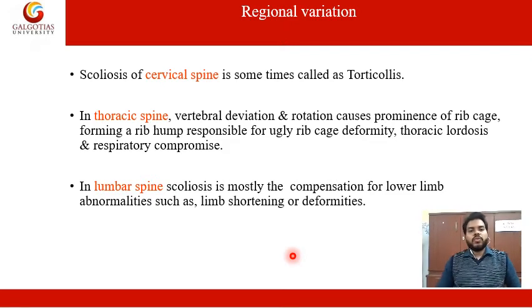So, if there is a scoliosis in the cervical spine, it is called torticollis. If there is a scoliosis in the thoracic spine, it causes the ugly deformity, and in the lumbar spine, scoliosis is mostly the compensation of the lower limb abnormality, such as limb shortening and deformity. If there is a limb shortening or any deformity to your lower limb or below the pelvis, that causes the lumbar spine scoliosis.